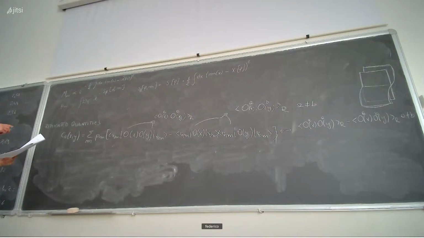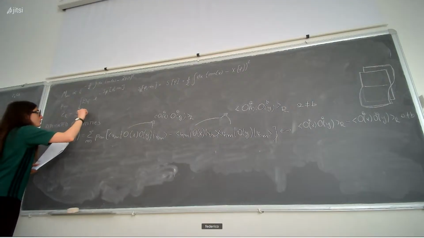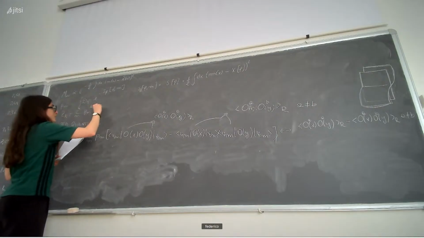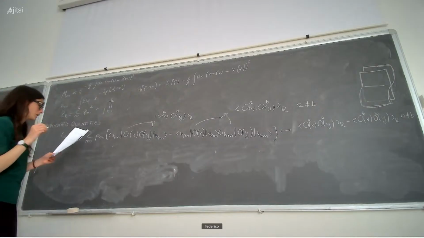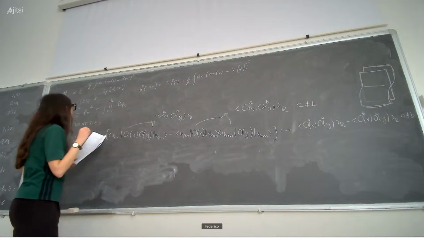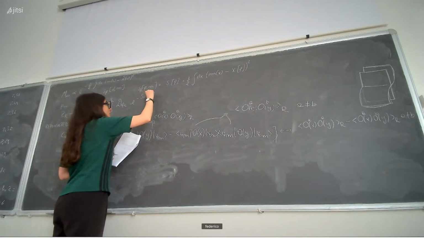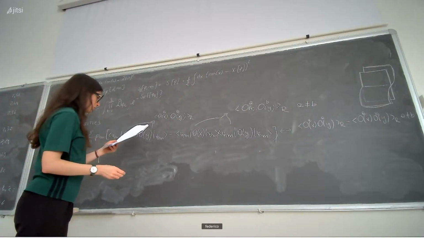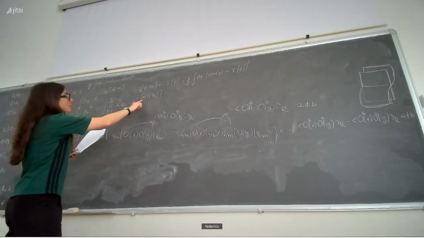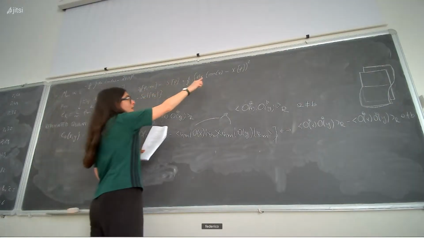So what can we do? If we replicate our theory R times, then we can compute the partition function, which is the sum over m of P m to the power of R, which is basically the integral of the product over all the replicas from 1 to R, d phi A, e to the minus S R of phi A. In this replicated action, the action depends on both phi and m, but m appears in this Gaussian form.